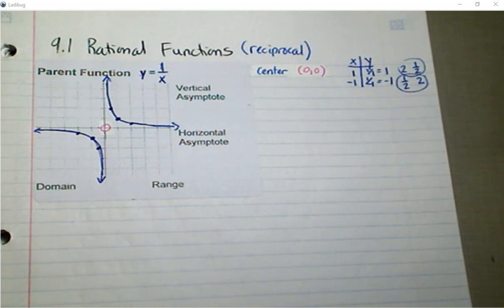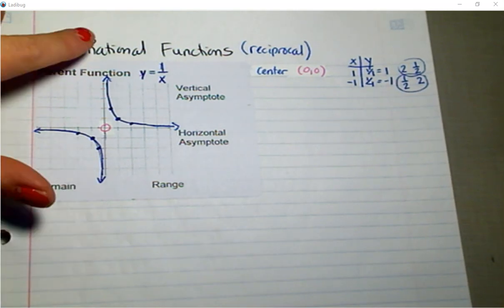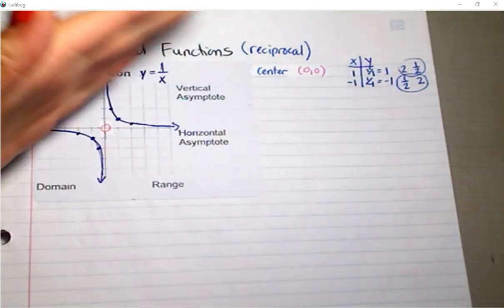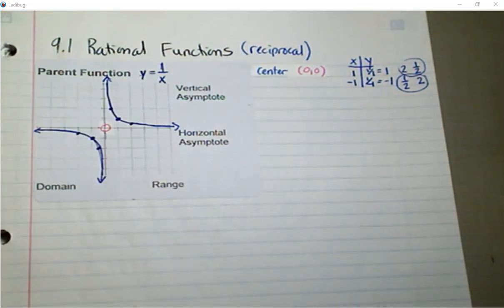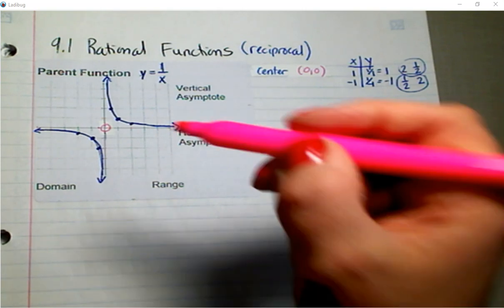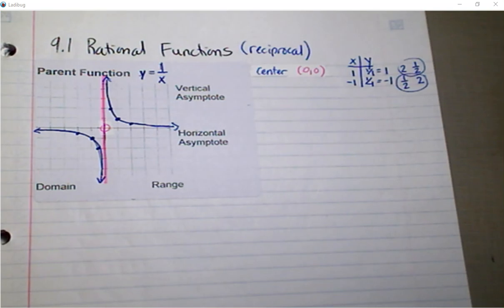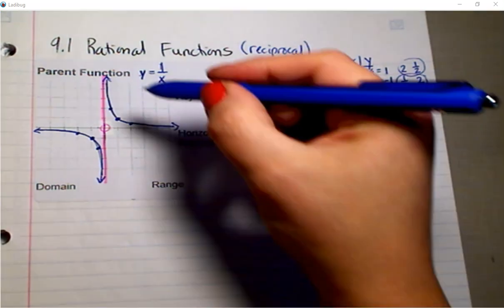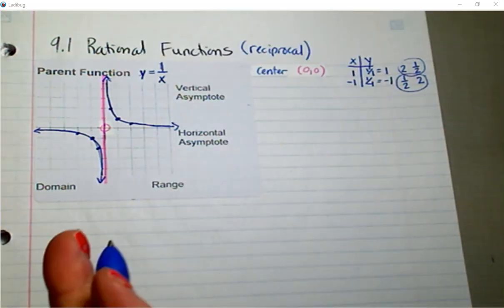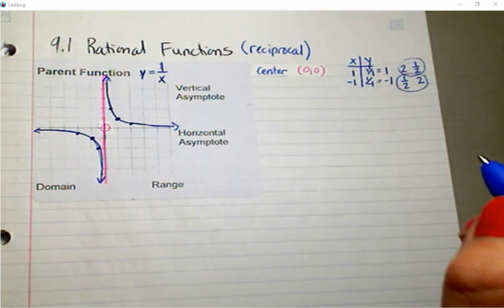Okay, so we've got two more features here. Notice that these pieces are divided up by what looks like lines. This is what we call a vertical asymptote. I'm using a highlighter because it's not actually part of the graph. It's just helping me divide the pieces.